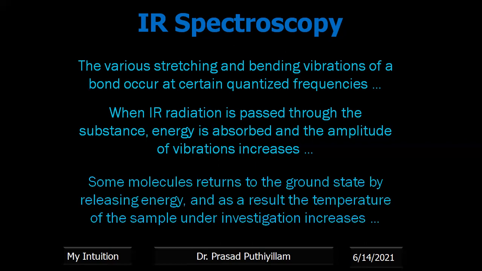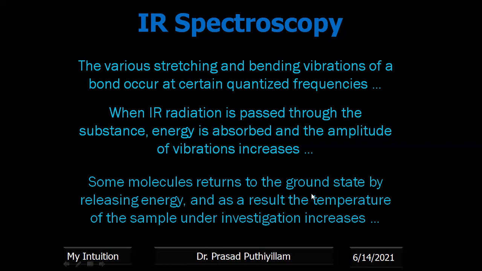If some molecule absorbs the IR radiation, it jumps to a higher energy level, and it may jump back to the lower ground state level and release a certain amount of energy, and that energy heats up the sample, so the temperature of the sample increases. That means in most cases the sample under IR radiation will heat up. This is an important point, because I want to explain the hot bands. In the next class I will explain what hot bands are.